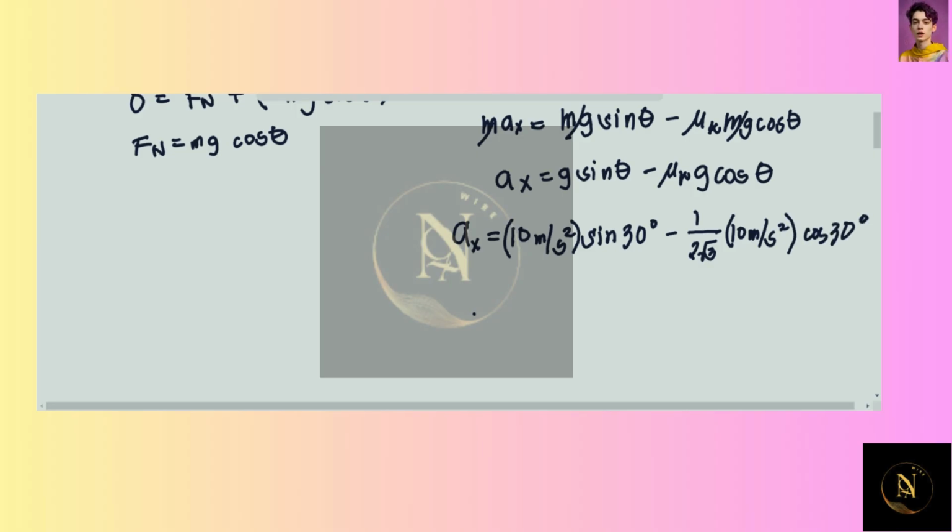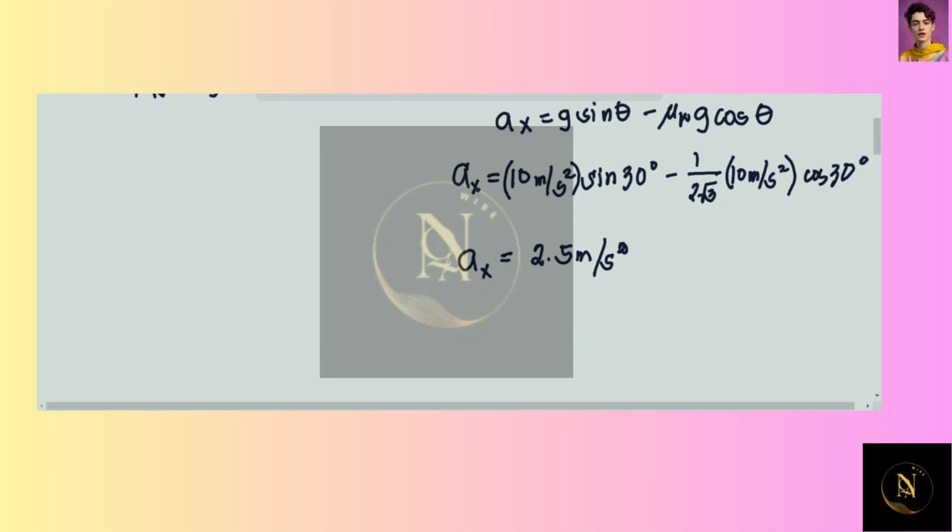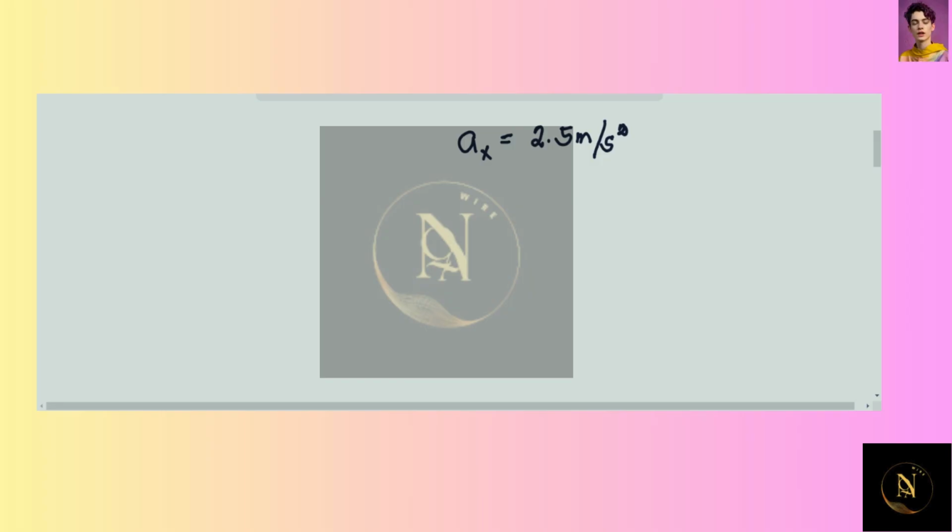Solving this equation, the acceleration of the car in this direction is 2.5 meter per second squared. Now we have the value of the acceleration of the car.